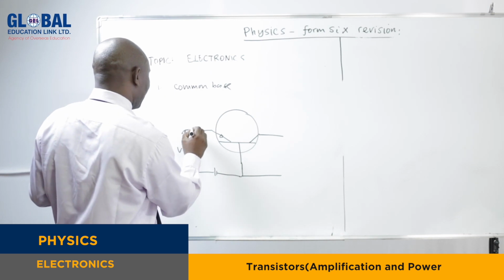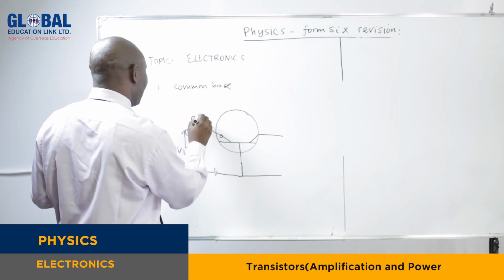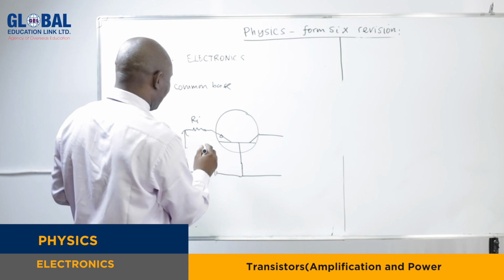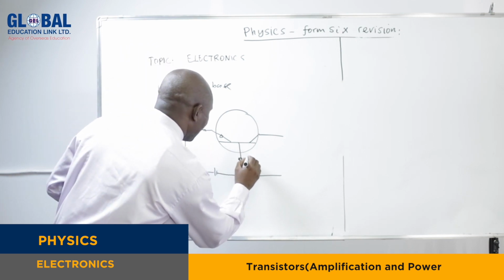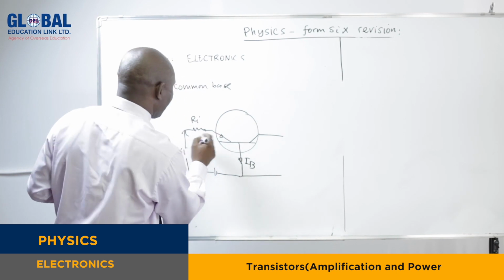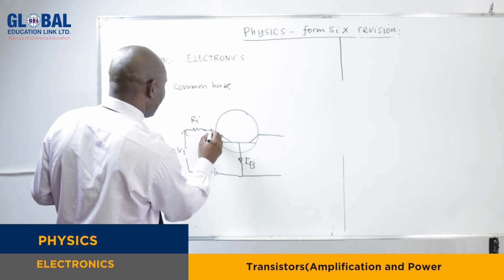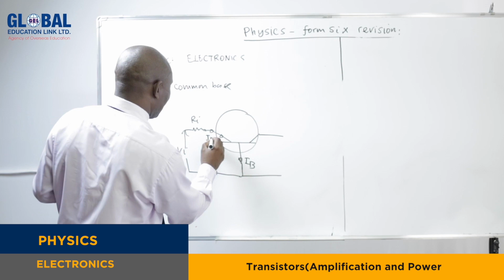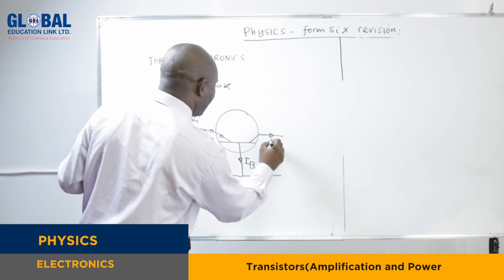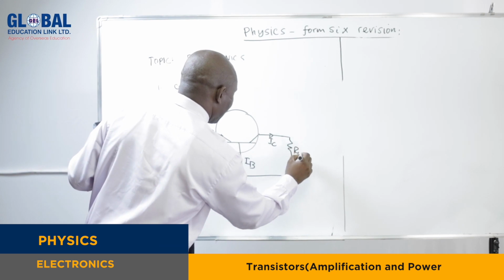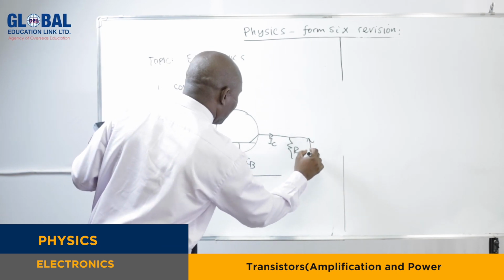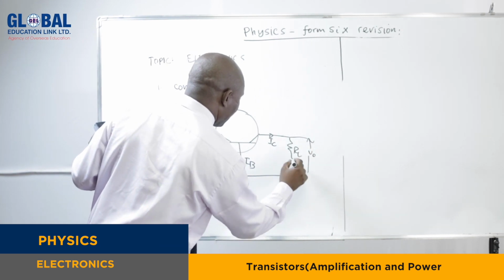This is the input resistor, which is connected here. This is our base current. Here we have the emitter current, and then we have the collector current. And here we have the resistor where the output can be collected.